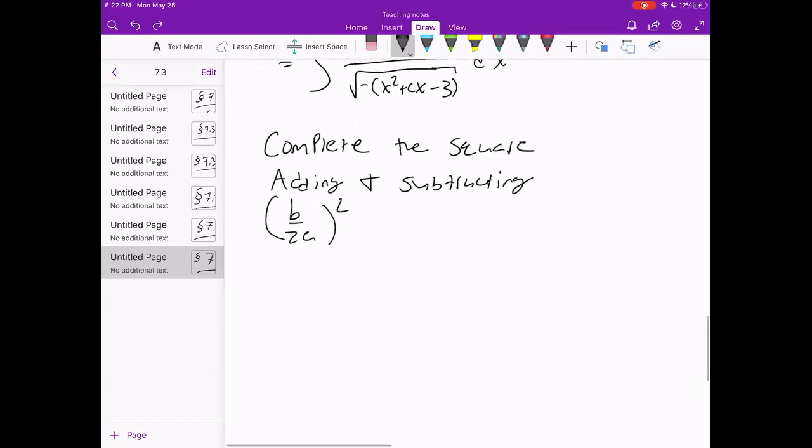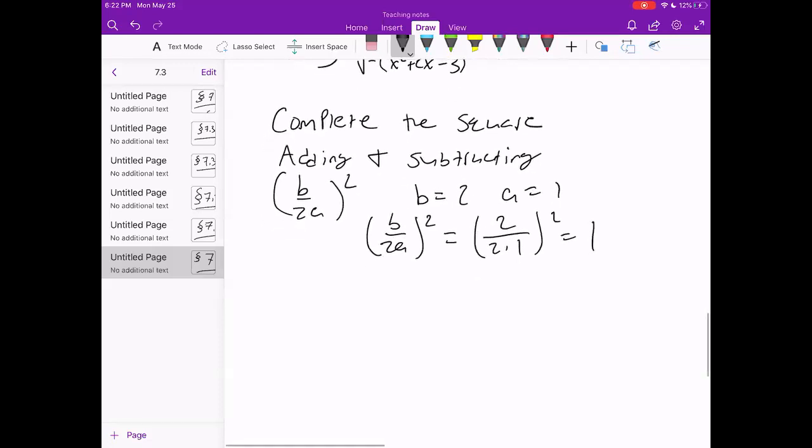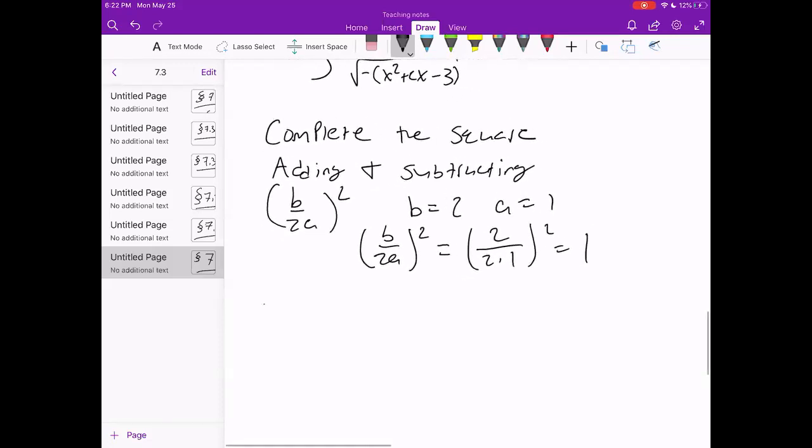So in this case, b is equal to 2, a is equal to 1. So b over 2a squared then is going to be 2 over 2 times 1 squared, which is 1 squared, which is 1.